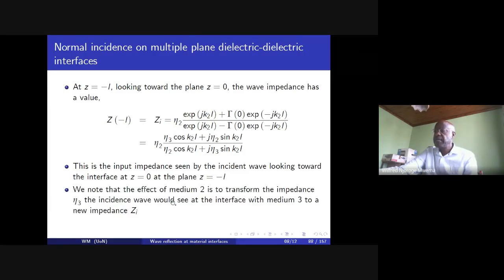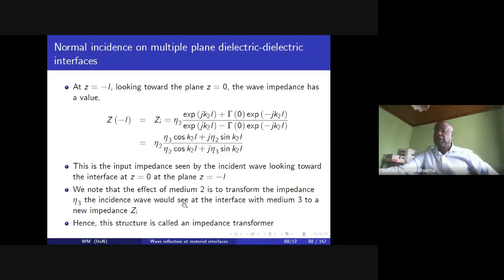And therefore, we note that medium 2 has transformed the impedance eta 3 of medium 3 into a new impedance, equal to Zi as given by that expression. I am sure in transmission lines you also divided through by the cosine and got the tangents here. It is just the same kind of equation that you already obtained in transmission lines.